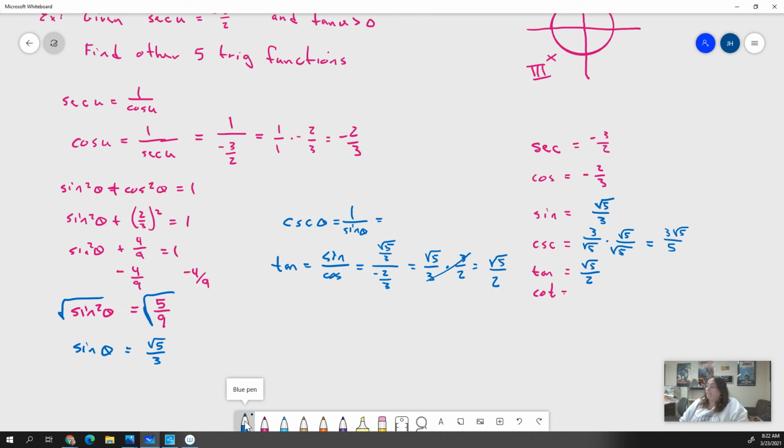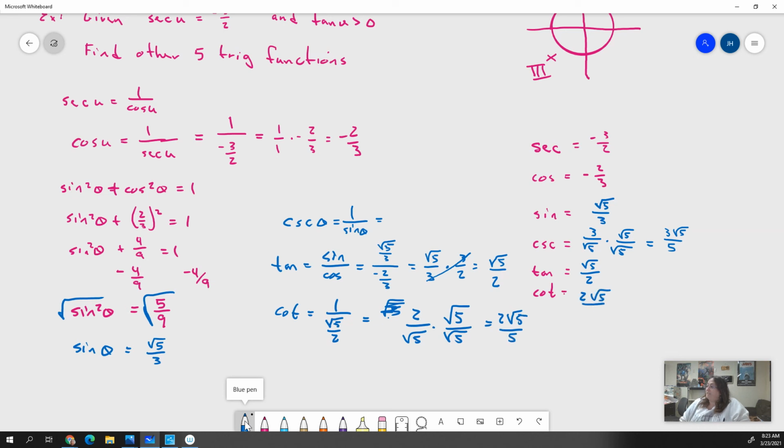So cotangent equals 1 over tangent, which is rad 5 over 2. And so that would just be its reciprocal, right? We would have 2 over radical 5, and we would have to rationalize that denominator, and we get 2 rad 5 over 5.